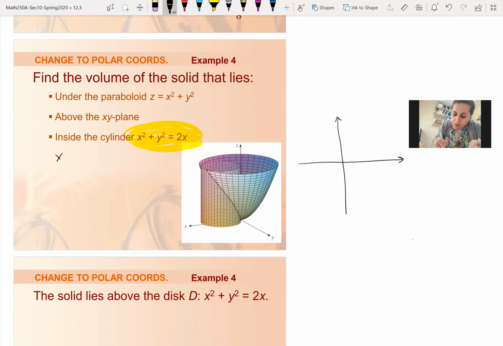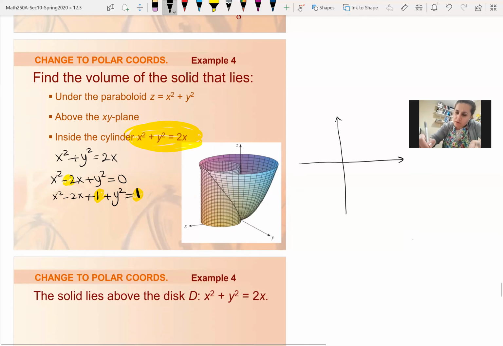So I'm going to make my circle first because that's easier. This is going to be the first thing that I'm going to graph, because it's so much from algebra. So I have to divide this number by 2, and then square it and add to both sides. So this is 1 to complete the square, because that's just dividing the middle term by half and then squaring it.